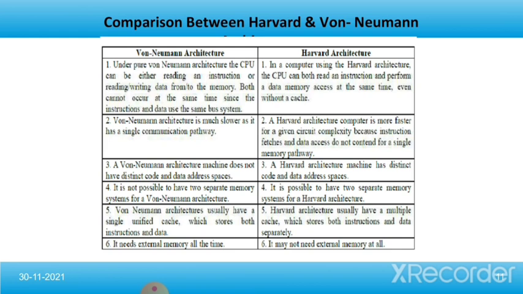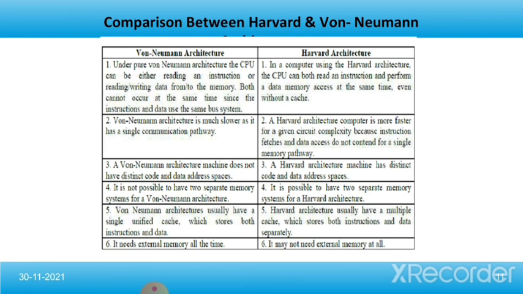Under pure von Neumann architecture, the CPU can be either reading an instruction or reading or writing data from or to the memory. Both cannot occur at the same time since the instruction and data use the same bus system. Whereas in a Harvard architecture, the CPU can both read and write and perform the instruction, as data and instruction are located in two different memory locations.